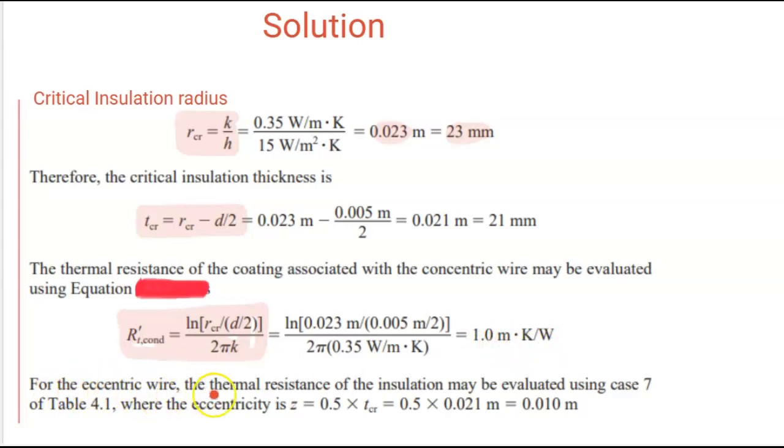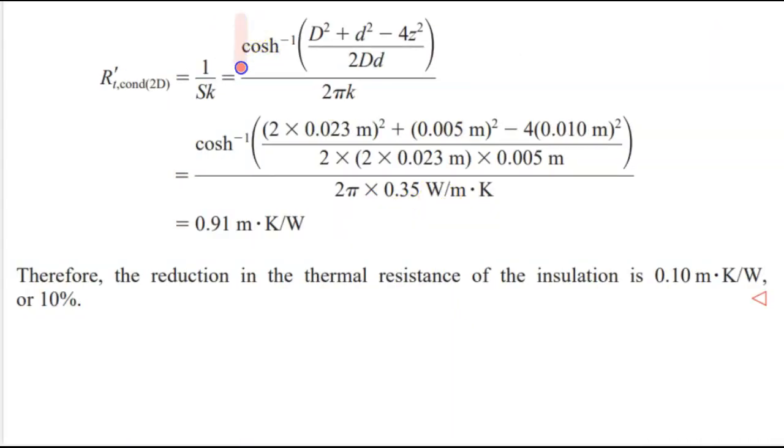Now for the eccentricity, the thermal resistance of the insulation may be found by using a shape factor. So we have to go for the shape factor, which we already know. The eccentricity Z is given by 0.5 times the critical thickness, so we have the critical thickness value from this answer. This is the formula for the shape factor. In some calculators there is a function called hyperbolic.